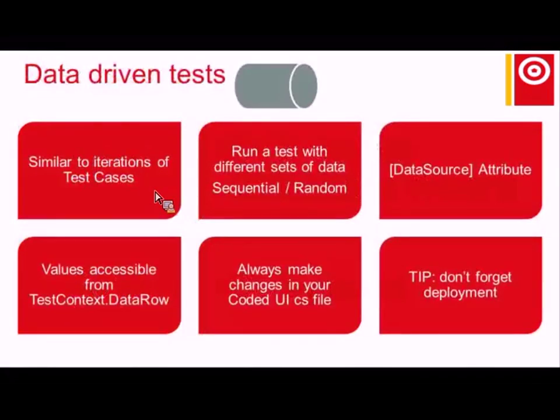Data driving, we're just going to run the test a number of times. It's easy to record a test once with one set of data. It's not that hard to record the same test a second time with a different set of data. But when we want to record it with more sets of data, it gets tedious.